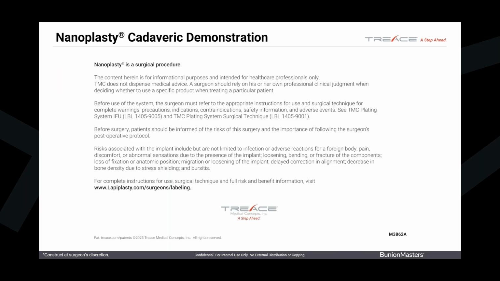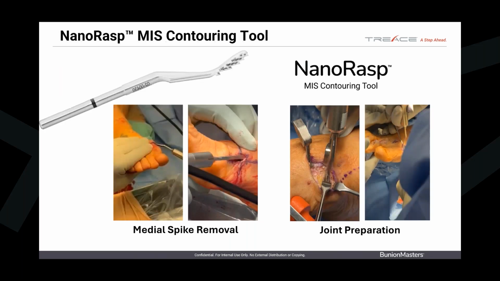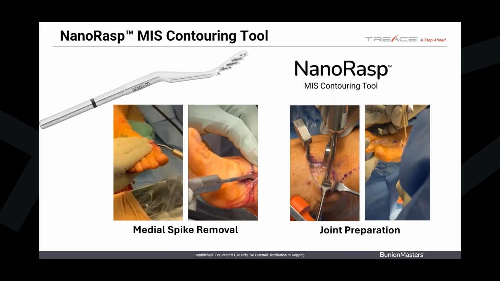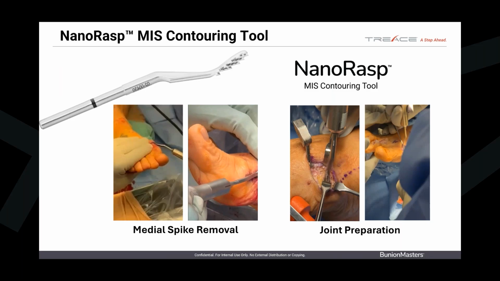It's hard to put a saw in there. It's fairly dangerous to the tissues. So if you're burr friendly, you can use a burr. If not, I recommend using a rongeur, and then you can use the NanoRasp, which is a new product on the market, to grind down the remaining spike that's there. I would not use it on the fresh cortical bone there because it'll generate some heat.